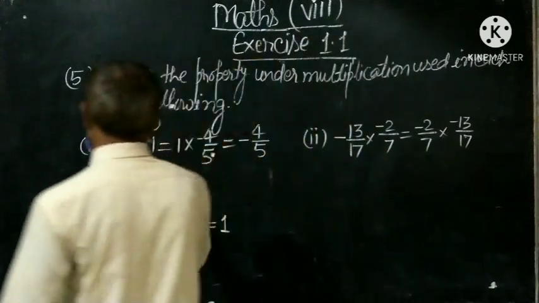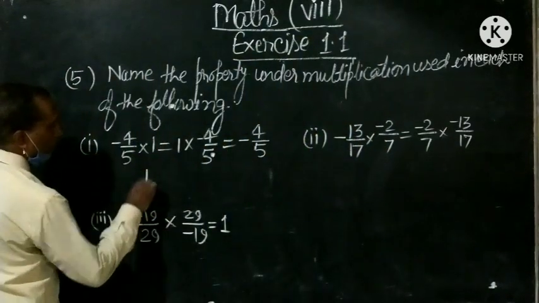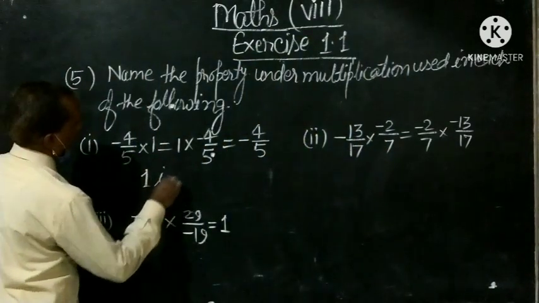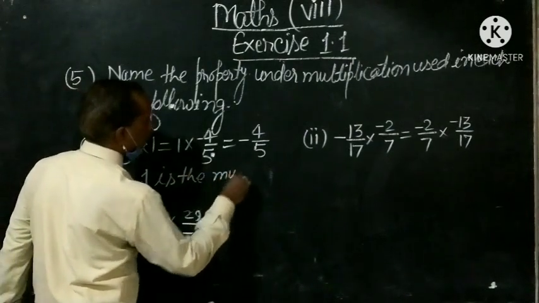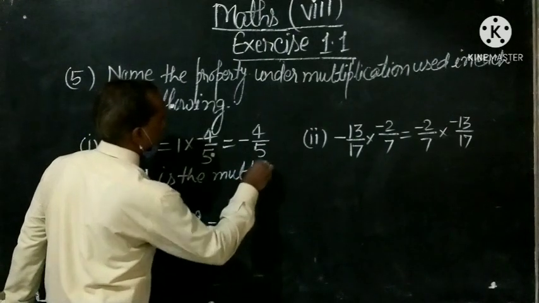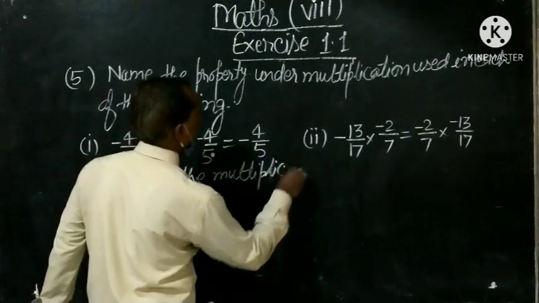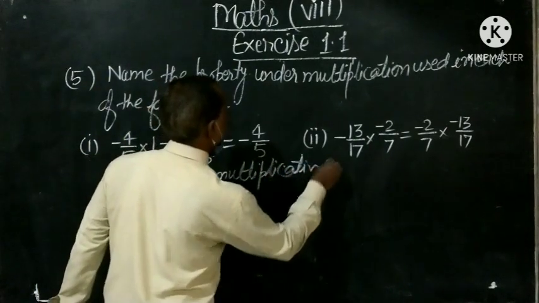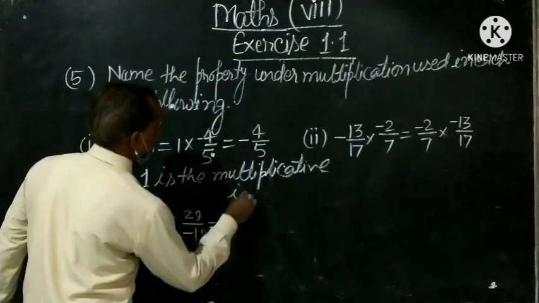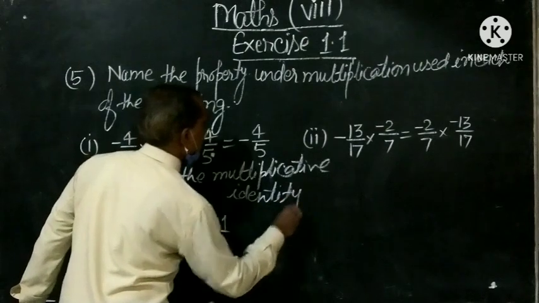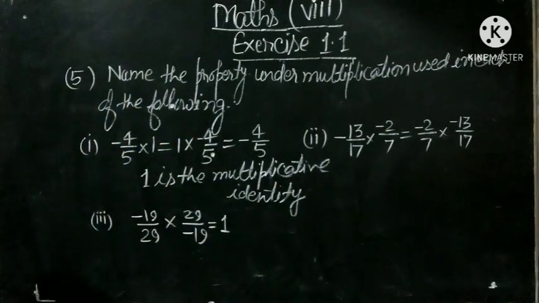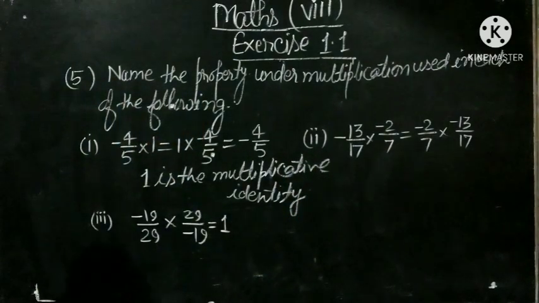Therefore, the property here is: 1 is the multiplicative identity.